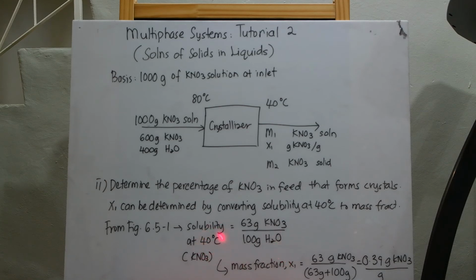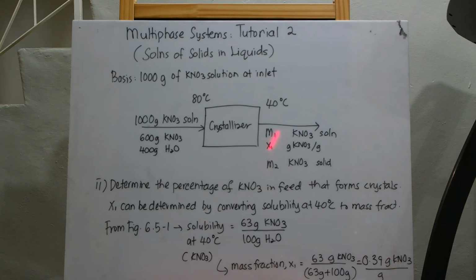Look at 40 degrees C and then look at your solubility, so you'll get this number. From here, you convert it into mass fraction x1: 63 divided by the total mass of the system, 63 gram per 163. Then you obtain your mass fraction x1 for potassium nitrate, that is 0.39 gram potassium nitrate per gram. Okay, now you obtain your x1.